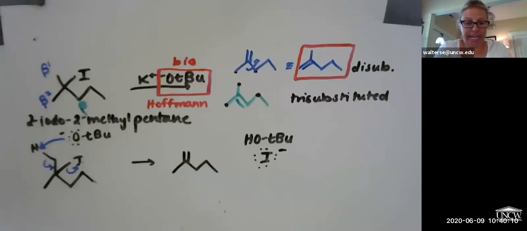So to summarize what we did today, you should be able to name alkenes, do cis and trans alkenes, E and Z designation. Know that E2 mechanisms can work on primary, secondary, and tertiary substrates, and know how to situate your reaction so that you get either a Zaitsev product or a Hofmann product.